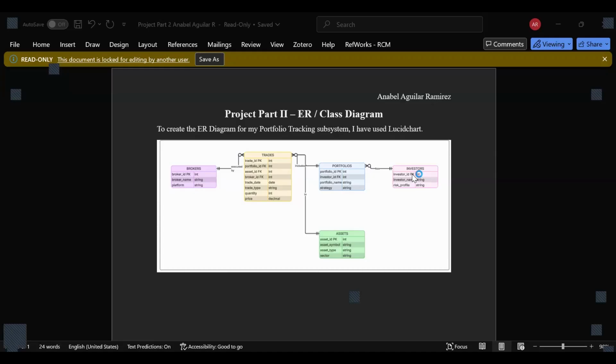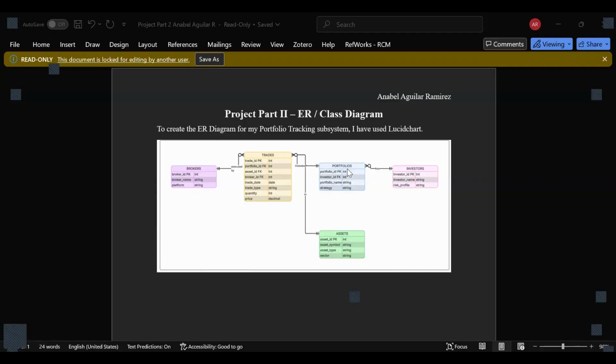Our primary key is investor ID, which uniquely identifies each investor. It assigns an ID to each investor in our database. Other attributes include the investor name and the risk profile, meaning if they're conservative, moderate, or aggressive in their investments.